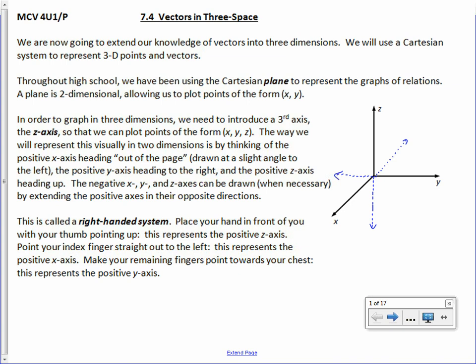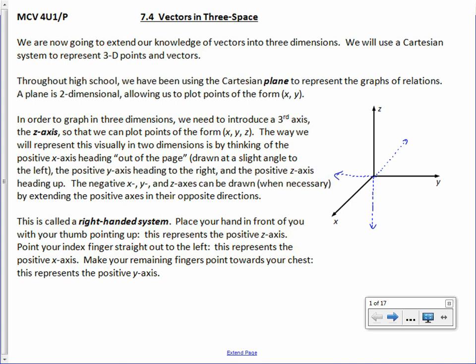You just extend it. Can you kind of see the 3D-ness of this? The idea is that we lessen the confusion by not drawing those extra axes. We don't draw it full all the time. We stick with the positive axes, and we only really use the negative when necessary.